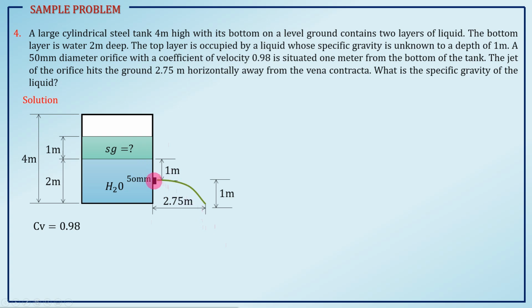The path of our jet is like a projectile. So, we have our highest point at this orifice. That is our highest point. Then, these are the distances reached. Then, the height is 1 meter from the ground. So, we have these two derived equations for calculating the time and the distances, vertical and horizontal.